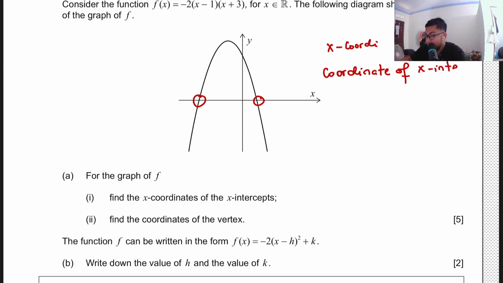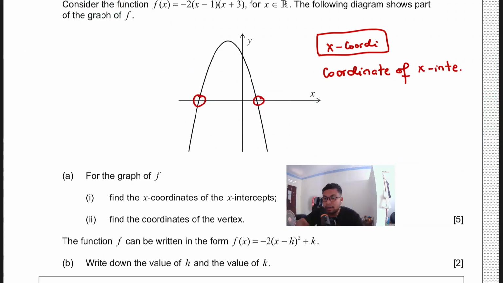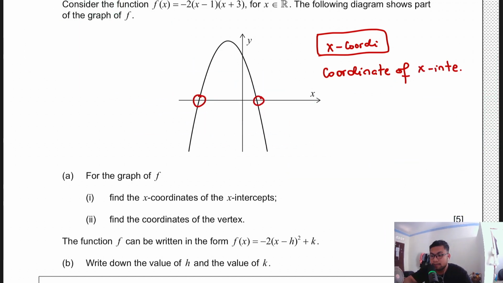So in this case, if they ask about the x coordinate, you should just answer x equal to something. Do you understand? Like, for example, x equal 4. But for coordinates, you should write 4 and 0.